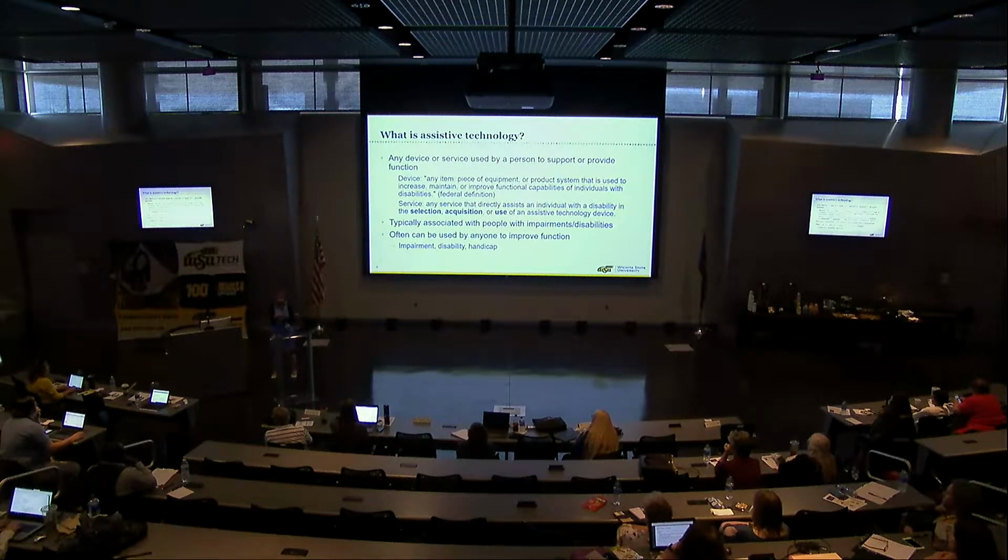Are you not able to do something that you would be able to if you have this impairment? And is this disability then something that is imposed upon you from the outside, something that could be mitigated if the world were structured differently, if the event were structured differently? So this is kind of a spectrum, but just from the point of view of impairment, I think everybody walks around with some impairments, right?